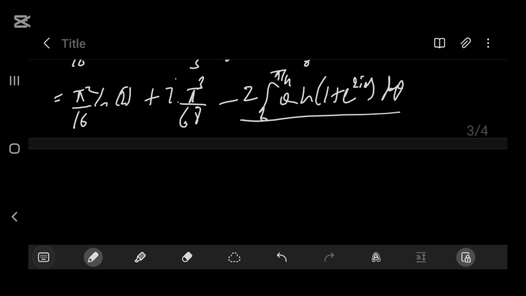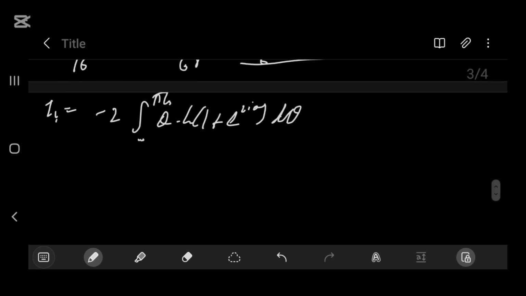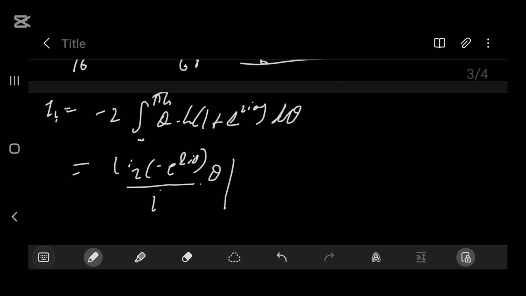Well, now let's name this as I4. So we'll get I4 equals negative 2 times the integral from 0 to pi by 4 of theta times ln(1 plus e to the 2i theta) d theta. Well, when doing some integration by parts, we'll get the dilogarithm of minus e to the 2i theta over i times theta, from 0 to pi by 4, and we'll have minus i times the integral from 0 to pi by 4 of the dilogarithm of minus e to the 2i theta d theta.